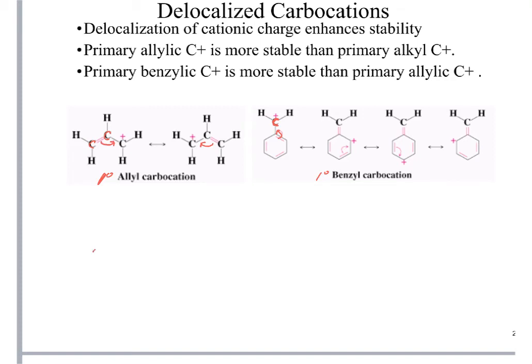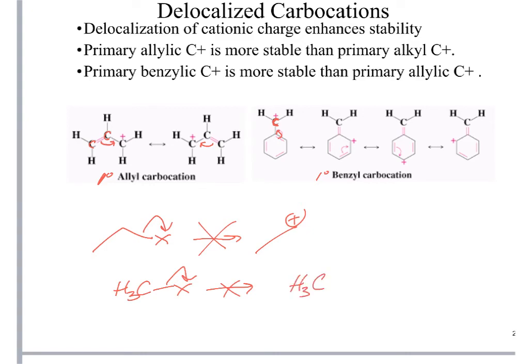So if you consider primary alkyl carbon atoms, they do not undergo SN1 reaction, and neither do methyl halides.